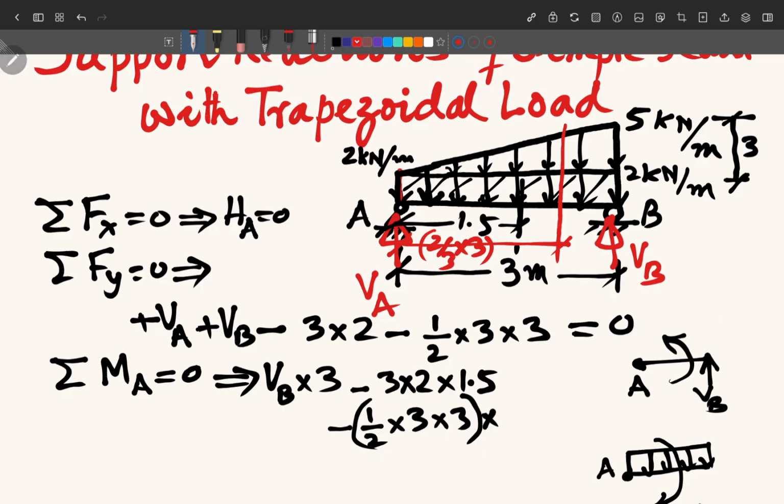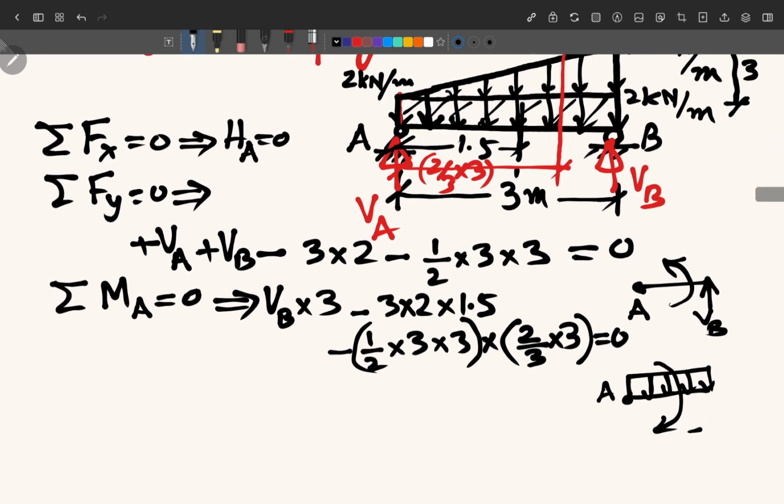So we see here that this will be 2/3 of 3, and this whole thing equal to 0. Now we can simplify this equation, and we can say that 3VB minus 3 into 2 into 1.5, which is 9, minus 9.